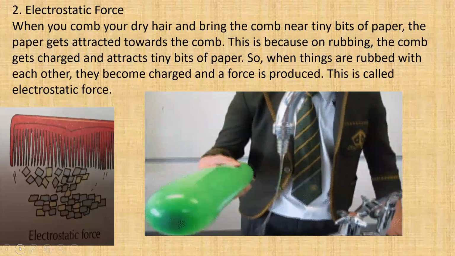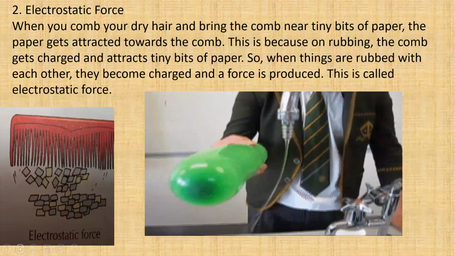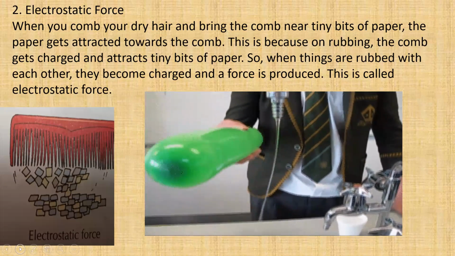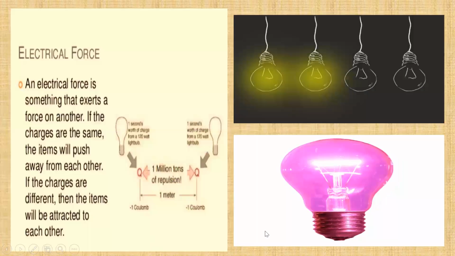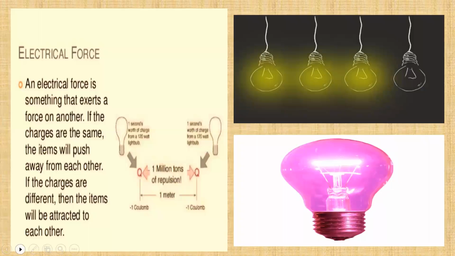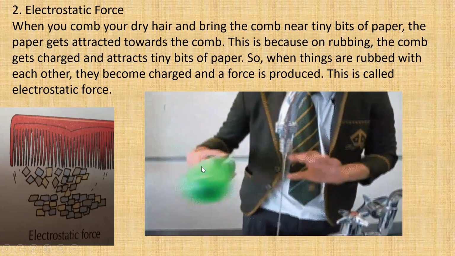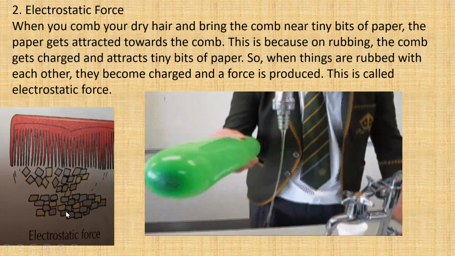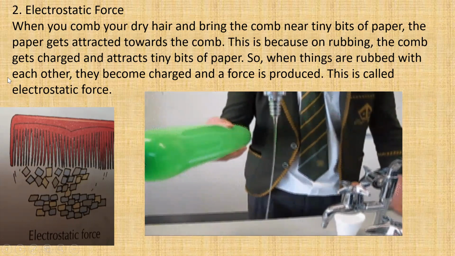Coming to another type of electrical force, that is electrostatic force. Previously, we said that because electrons are moving in the wire, the bulbs are glowing. Whereas here, because electrons are transferred from one object to another object, it can show the property of attraction.